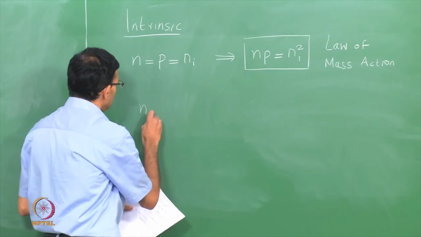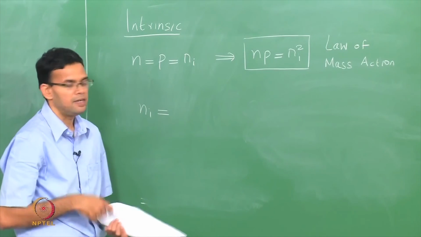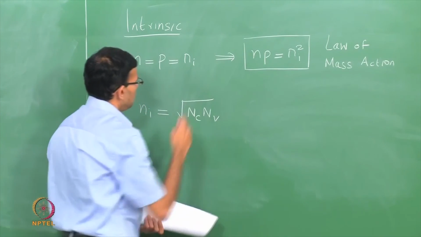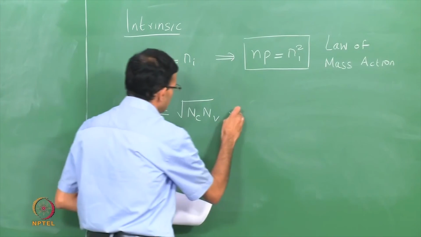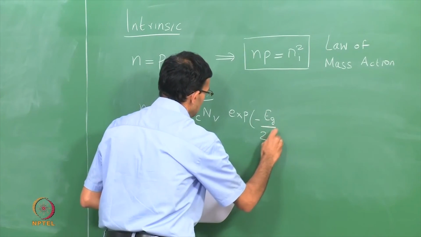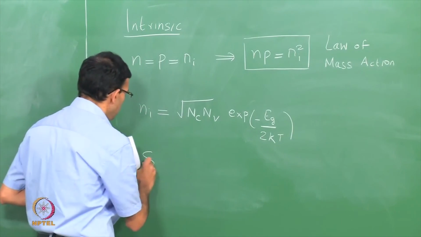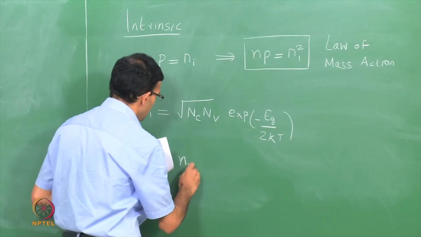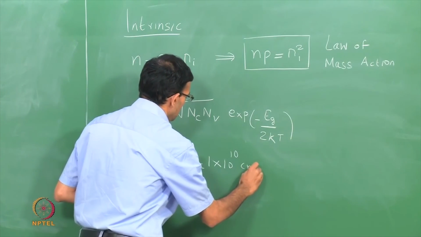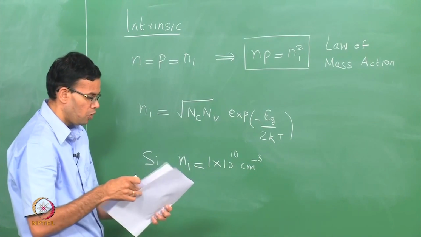You cannot increase both of them at the same time. We also saw that the intrinsic carrier concentration is a function of temperature and it depends upon the band gap, where Ni is square root of Nc Nv, exponential minus Eg over 2 kT. We saw that silicon, the dominant material in the semiconductor industry, has an Ni which is very small. It is only 10 to the 10 per centimeter cube, which means the conductivity was also very small.